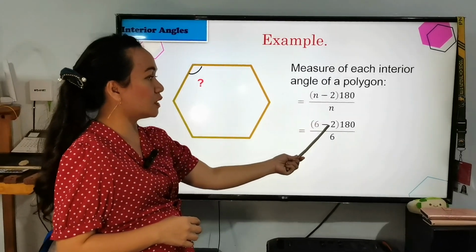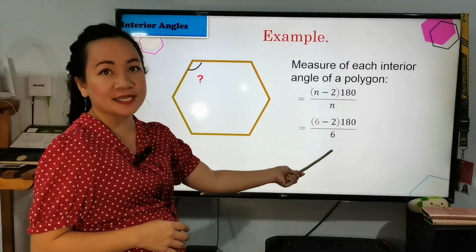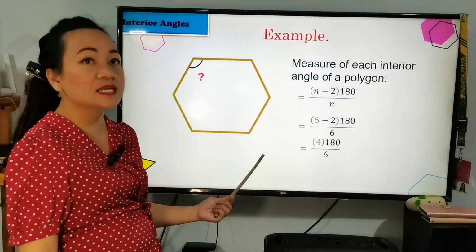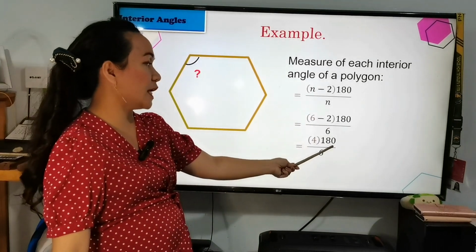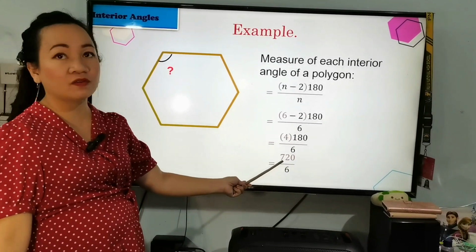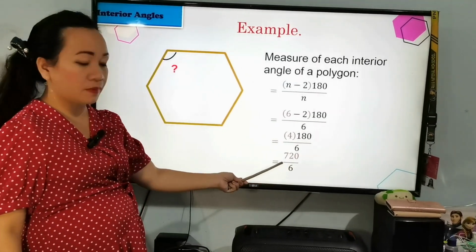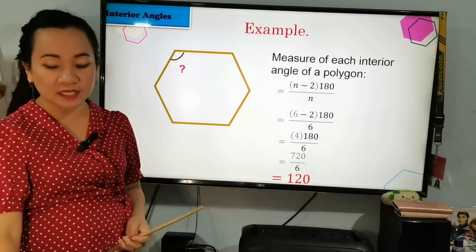We have 6 minus 2 times 180 degrees divided by 6. Next, 6 minus 2, we have 4. 4 times 180 degrees divided by 6. So we have 4 times 180 is 720 degrees divided by 6. Final answer is 120 degrees.